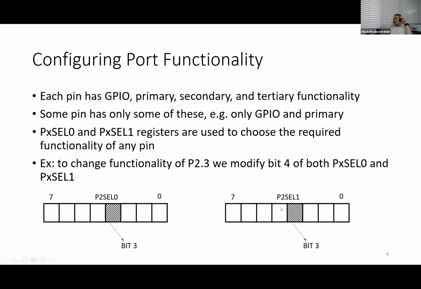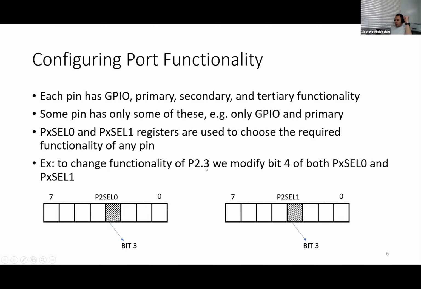If you want, for example, to choose the GPIO function or modify bit 3 in that register, P2.3 means port 2, pin 3 of port 2, or port 2 pin 3. We can say it in any way. P2.3 means port 2 pin 3.